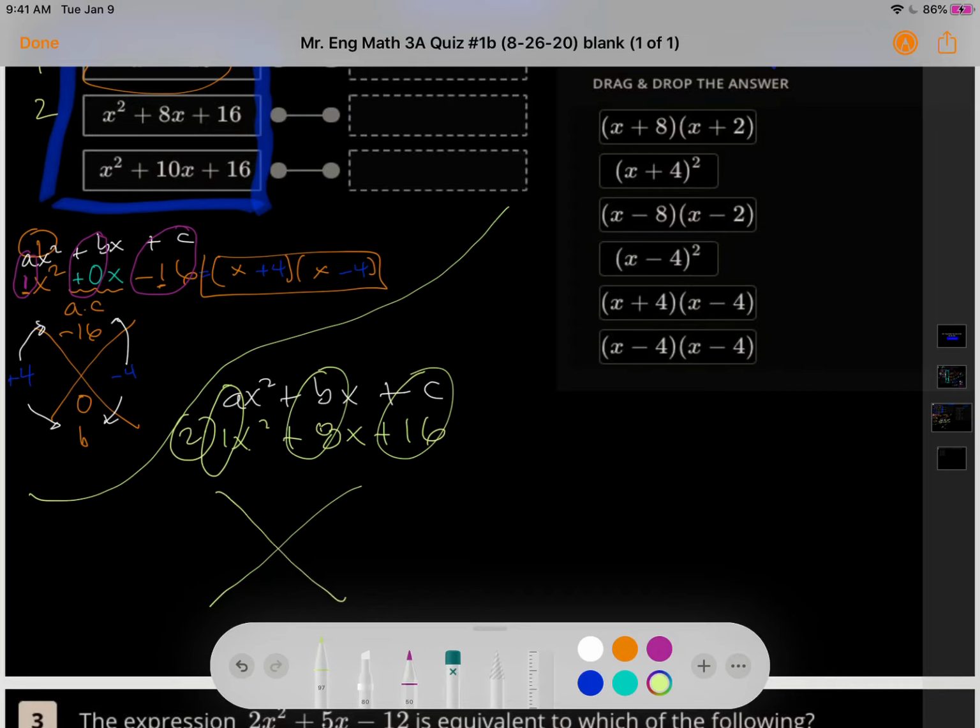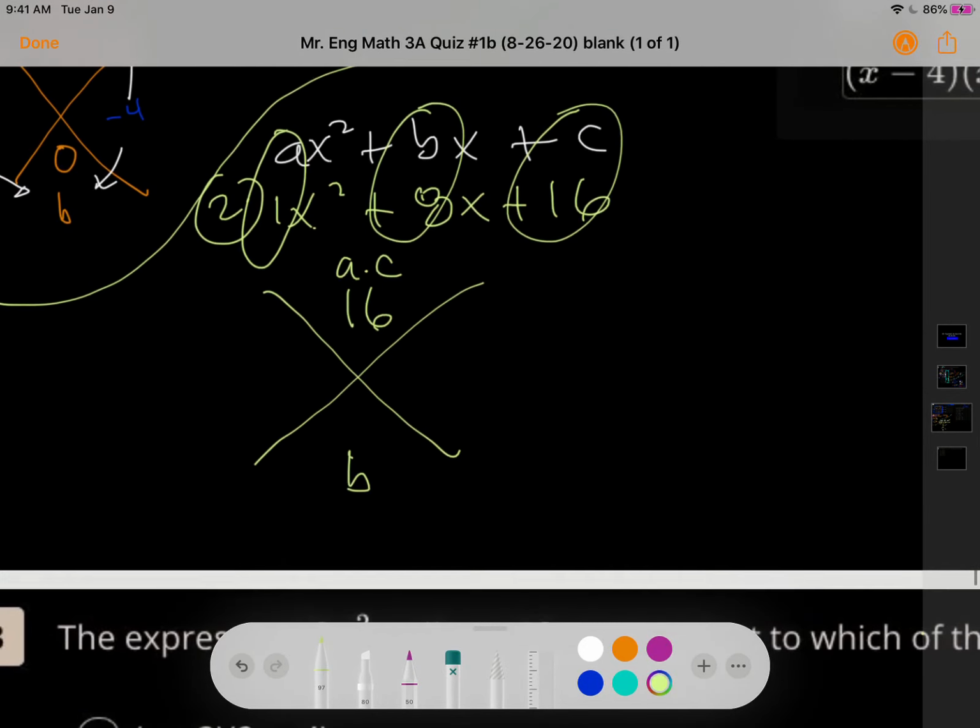So then if I do a times c, I'm going to get 1 times 16, which is 16. And my b value is 8. My two numbers that I need there are 4 and 4. So my answer to this one is a positive 4 and a positive 4.